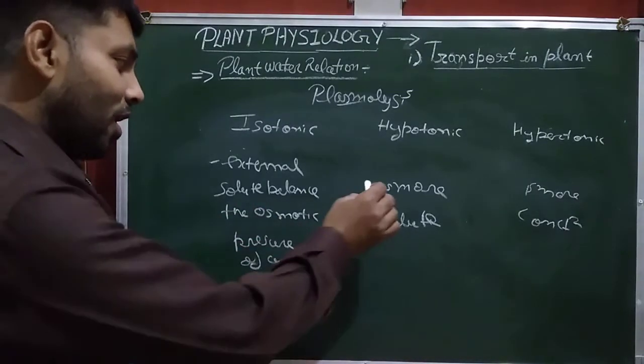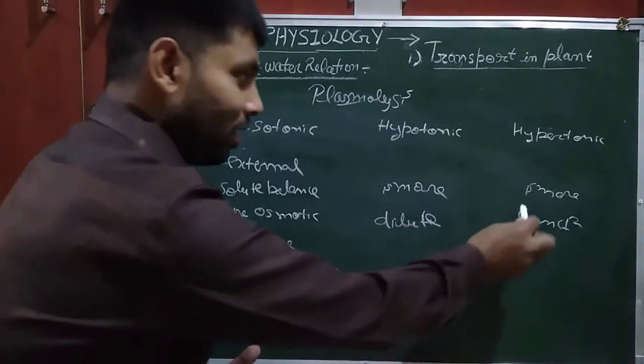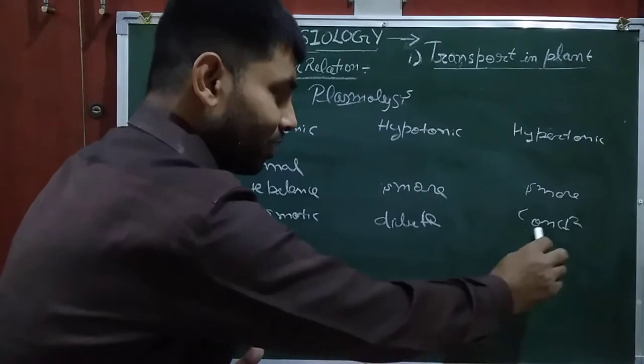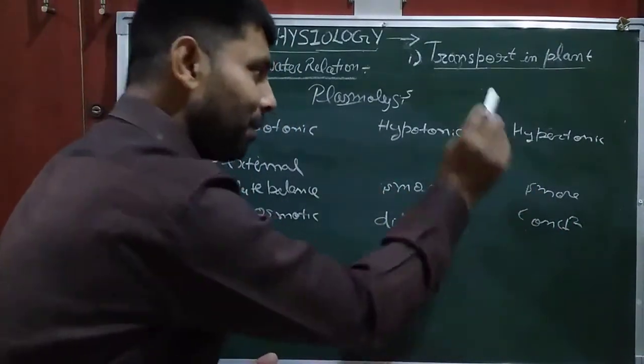In hypotonic, the external solution is more dilute than the cytoplasm, and in hypertonic, the external solution is more concentrated than the cytoplasm. Now it is clear what is hypotonic and what is hypertonic.